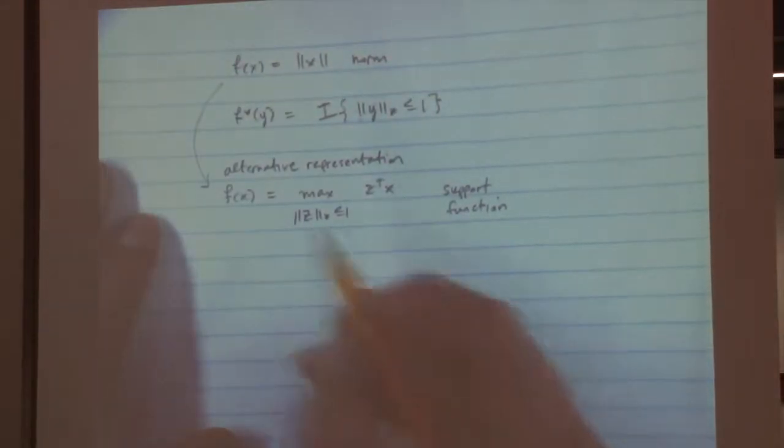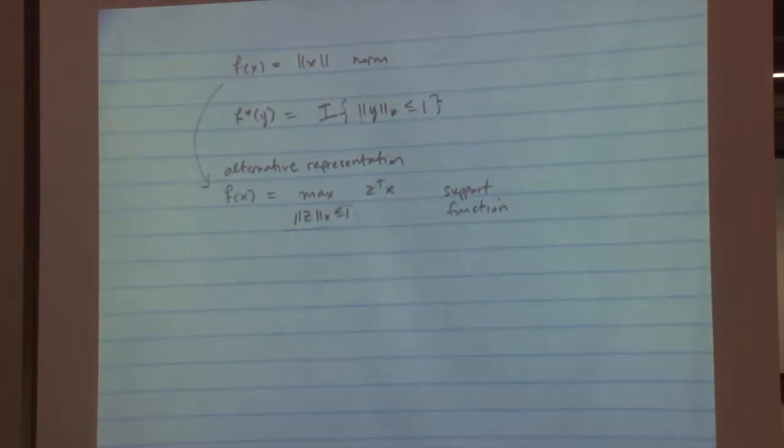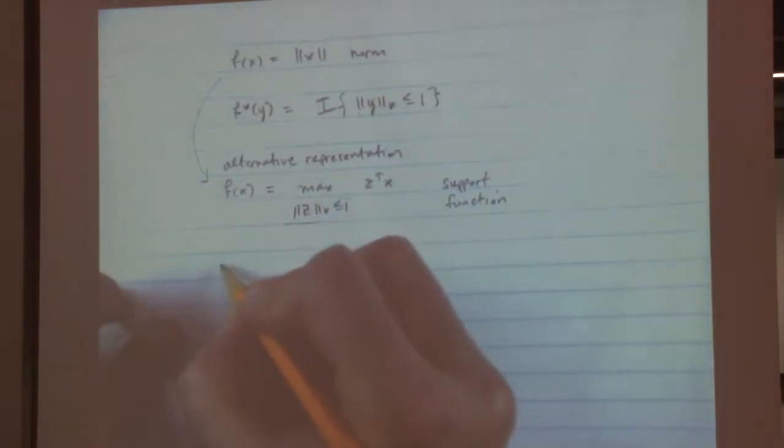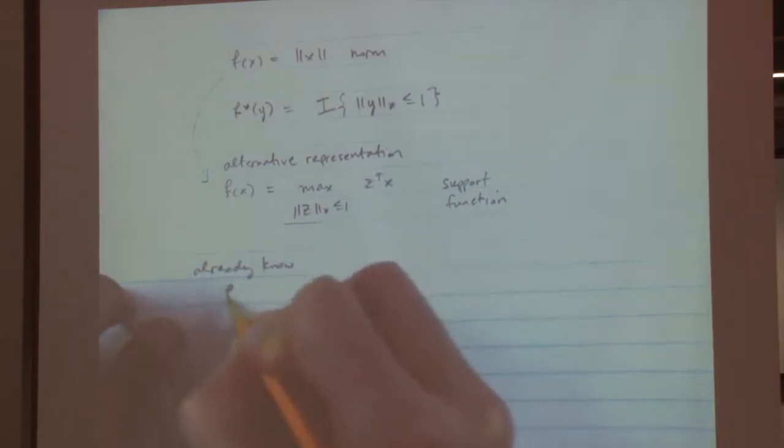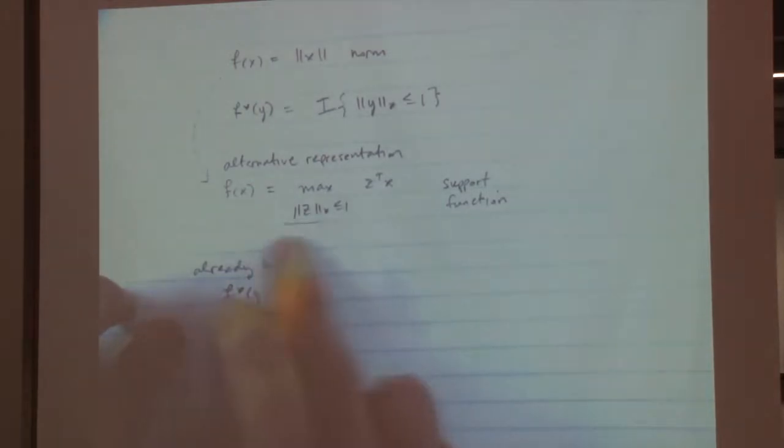Of this set, the set of all z for which the dual norm of z is less than or equal to 1. What's the conjugate of the support function? Well, we just learned that from the last slide. We learned that the indicator function has conjugate equal to the support function, so vice versa: the support function's conjugate is the indicator function. So F star of y is going to be the indicator function of whatever this is.